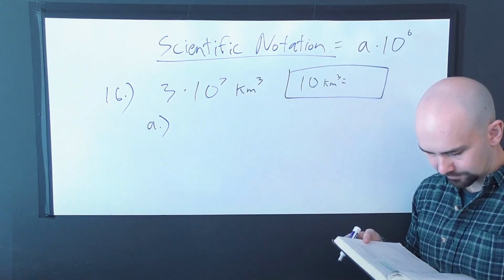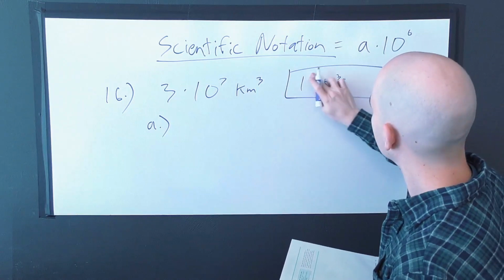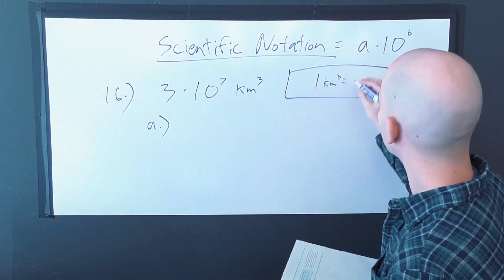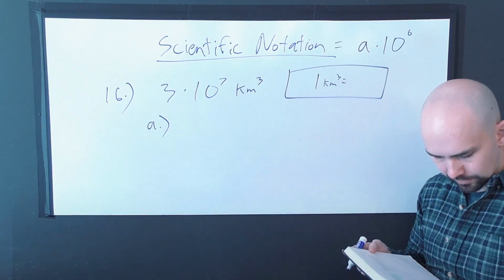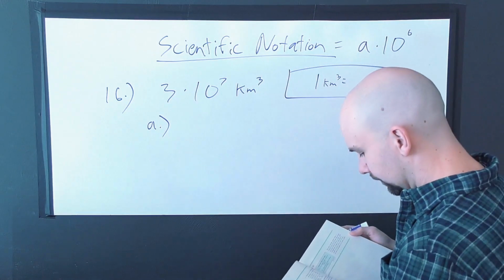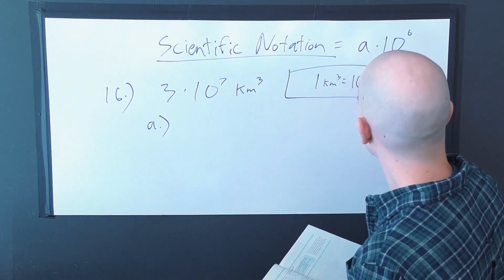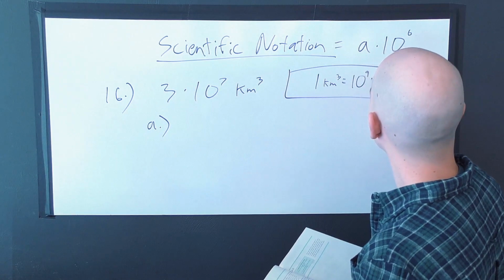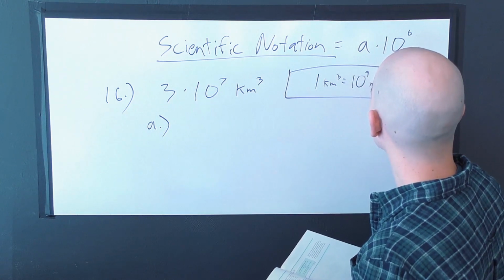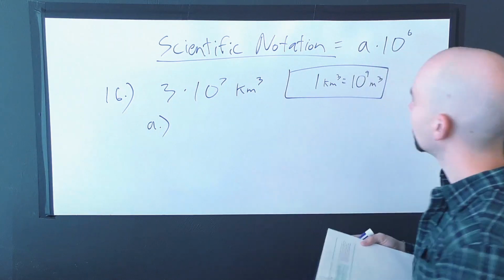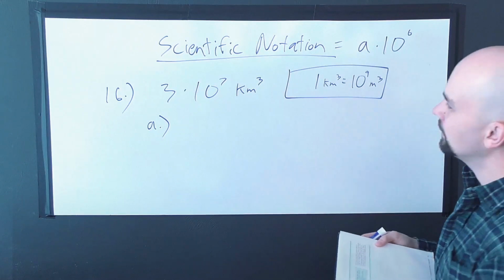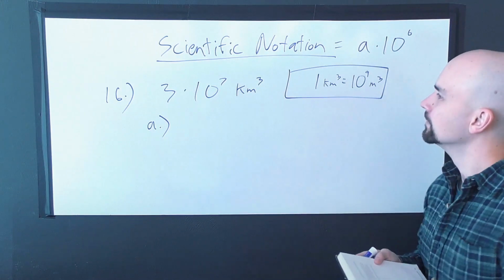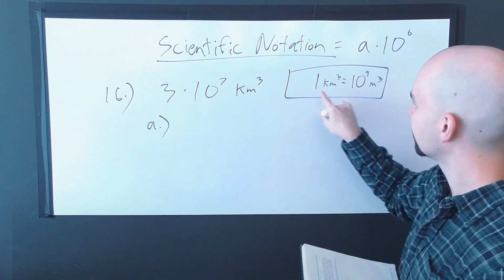So we know that 1 cubic kilometer is equal to 10 to the power of 9 cubic meters. So how then do I figure out how many cubic meters there are? Well, think about this.